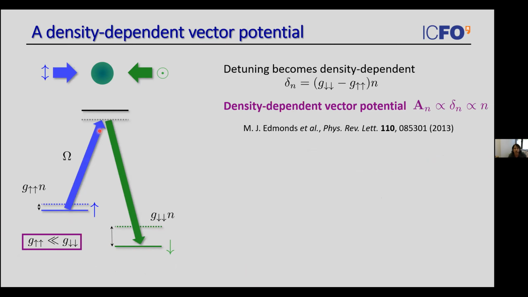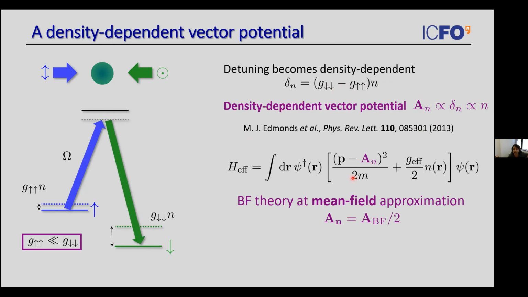And it makes the detuning of this two-photon process density dependent. It depends on the difference of the interactions between the two states. And what was shown is that then this density-dependent vector potential is proportional to density, and the group of Patrik Öhberg showed almost 10 years ago that the Hamiltonian of the system is exactly the one of the BF theory at the mean field level.